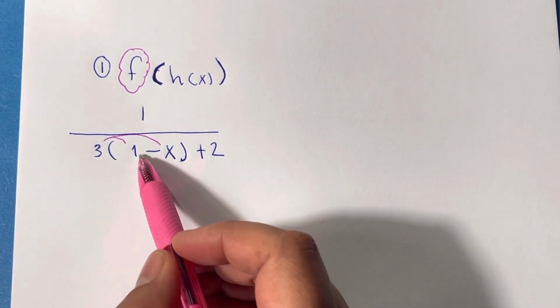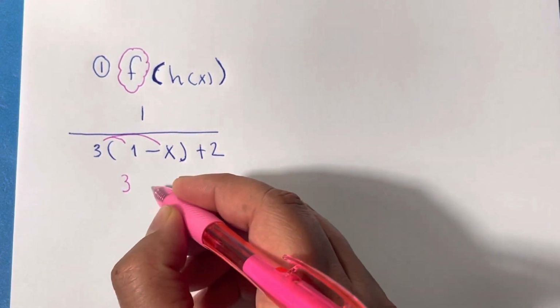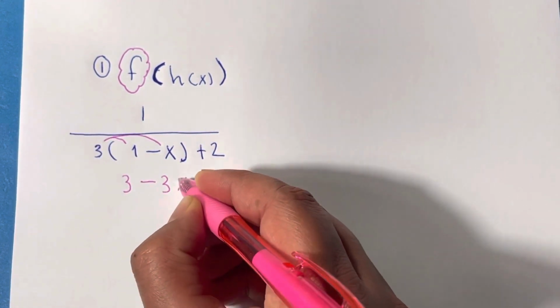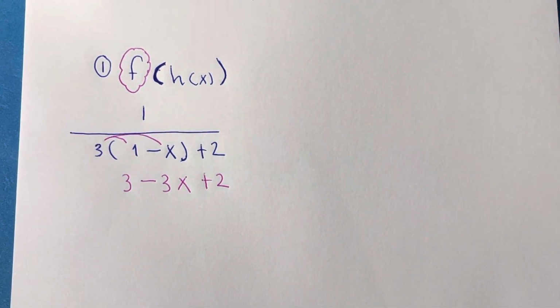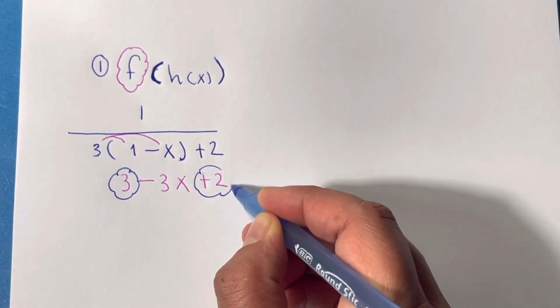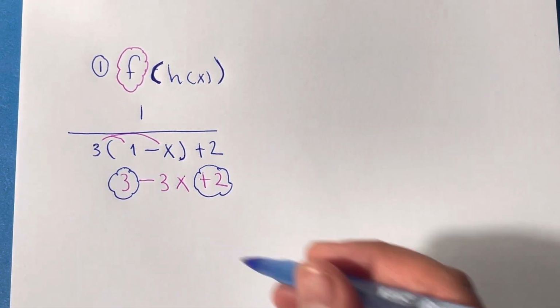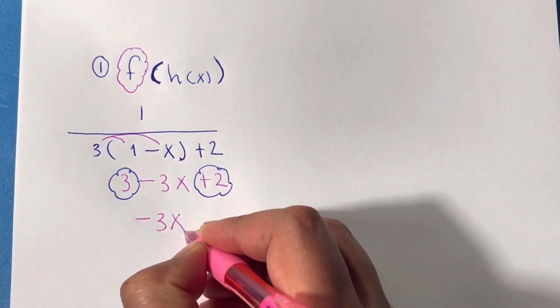We do the distributive property. 3 times 1 is 3. 3 times negative x is negative 3x. And we bring down the 2. We combine like terms. In this case, it's 3 and 2. And so we usually write the variable term first, so negative 3x.